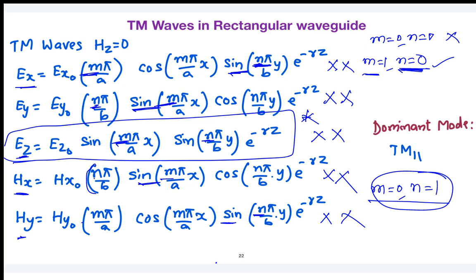So what should be the minimum value of m and n right now? When you put m equal to 1 and n equal to 1, all the components are going to exist. So it satisfies the definition of dominant mode. In case of a rectangular waveguide, if it is TM, the dominant mode is TM11.